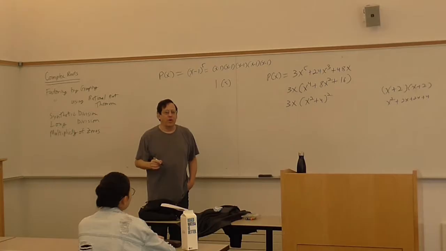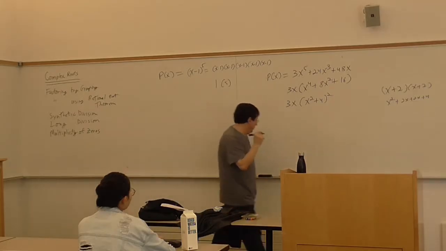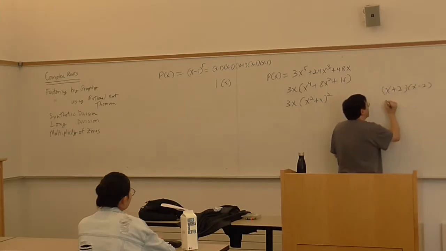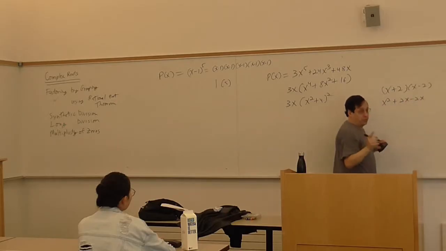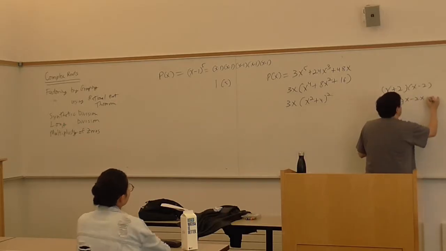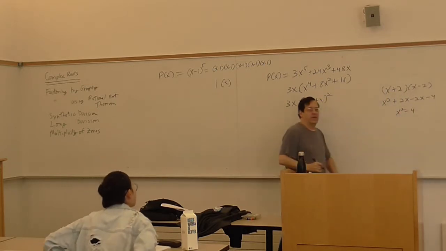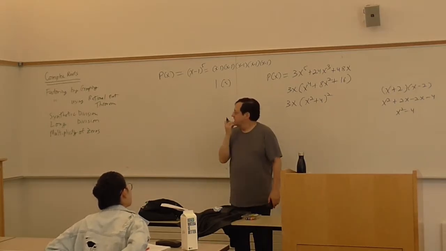Would it be x plus 2, x minus 2? Okay, let's try that. X squared plus 2x minus 2x, oh good, we get rid of the 2 x's, minus 4. Now that's x squared minus 4. You can't do it.